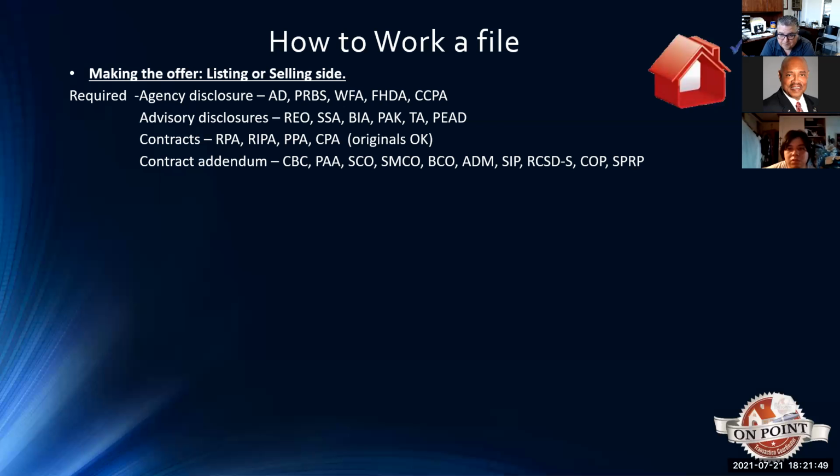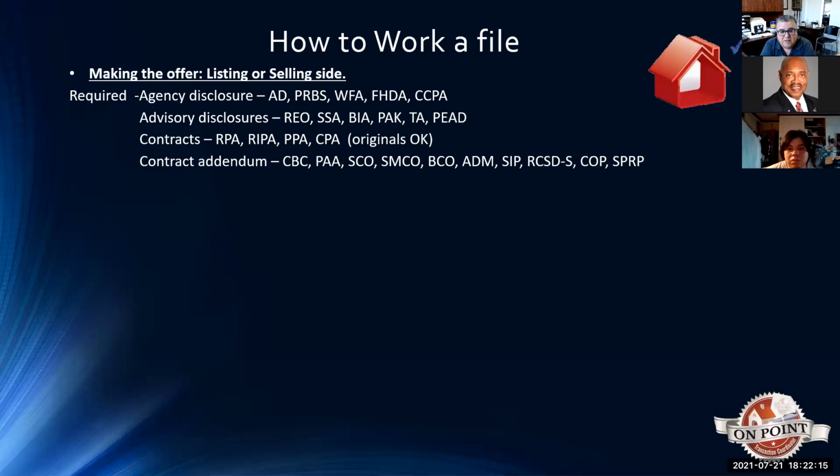The COP is when a buyer needs to sell a property and it's contingent upon them selling the property, right? Again, another addenda to the contract. And then the SPRP, which is now the seller needs to find a replacement property, right? So these are all different addenda that you would put onto any of these other contracts.